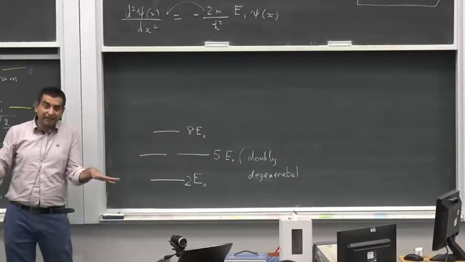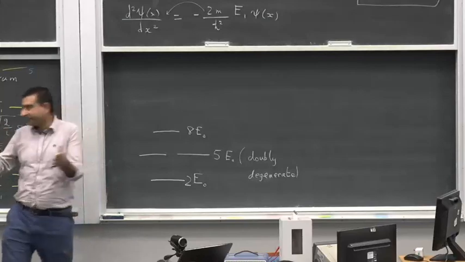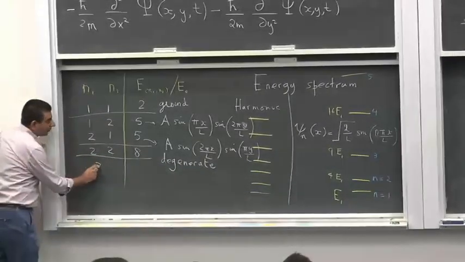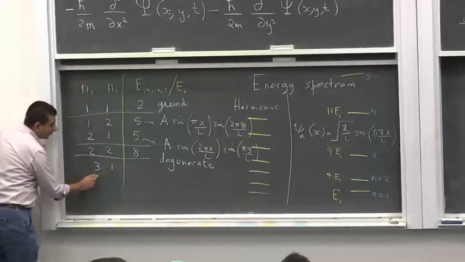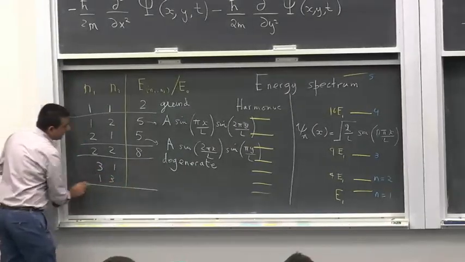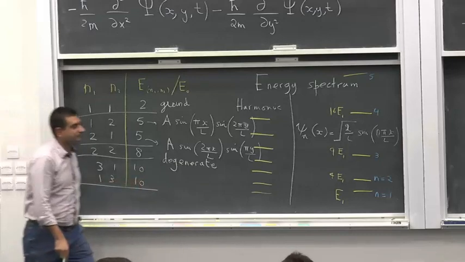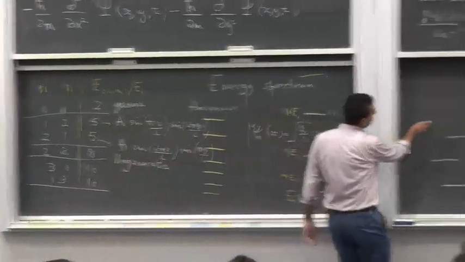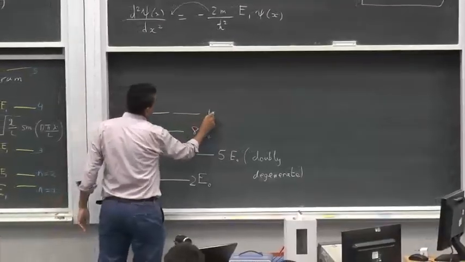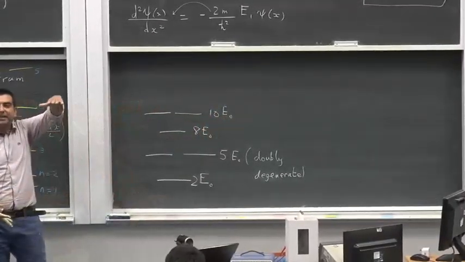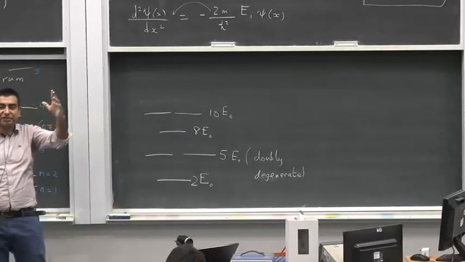It doesn't have a pair with it. Beyond this, we're going to have 3, 1 and 1, 3. Both of them have 10 E naught as their energy, and they are doubly degenerate. In this fashion, I can build the entire energy spectrum, the entire energy manifold.